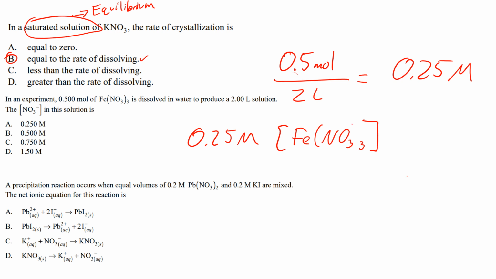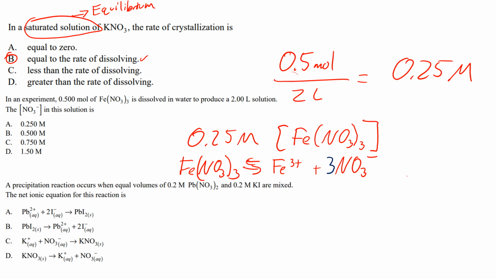Fe(NO3)3, when it ionizes, turns into Fe3 plus and 3 NO3 minuses. That means this is a 1 to 1 to 3 ratio.